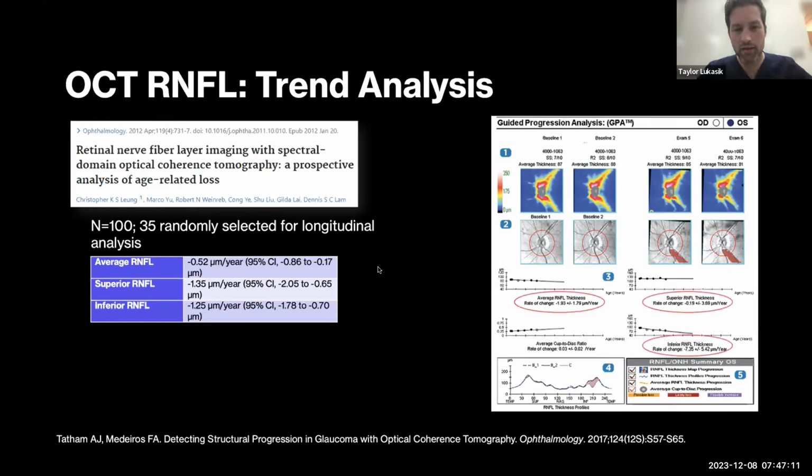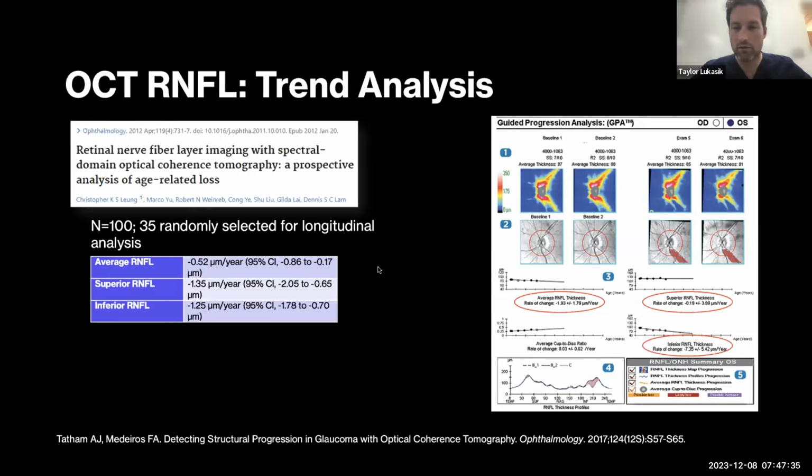If we look at this OCT here, we can see that the average loss is just under 2 microns a year, with the superior RNFL being fairly flat at around 0.2 microns loss a year, and the inferior RNFL losing greater than 7 microns a year.